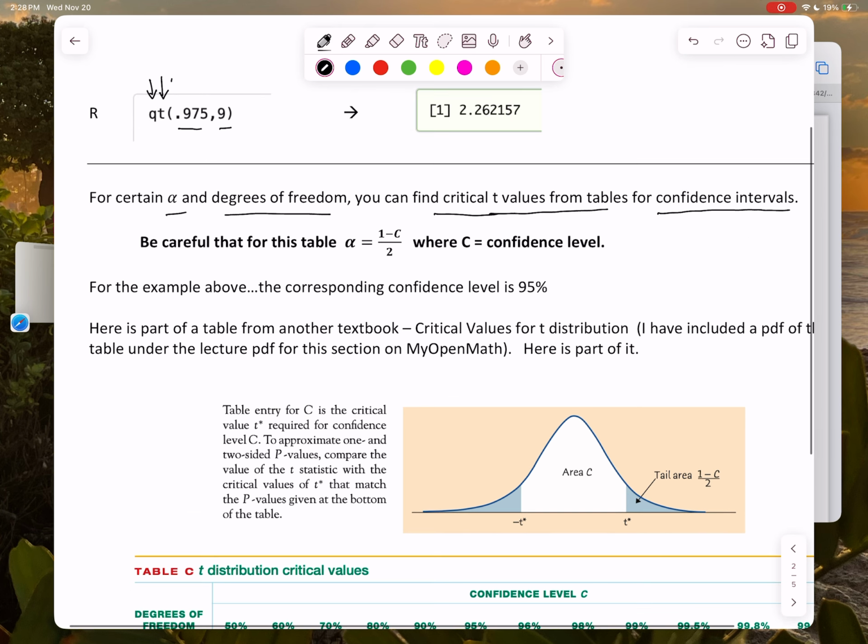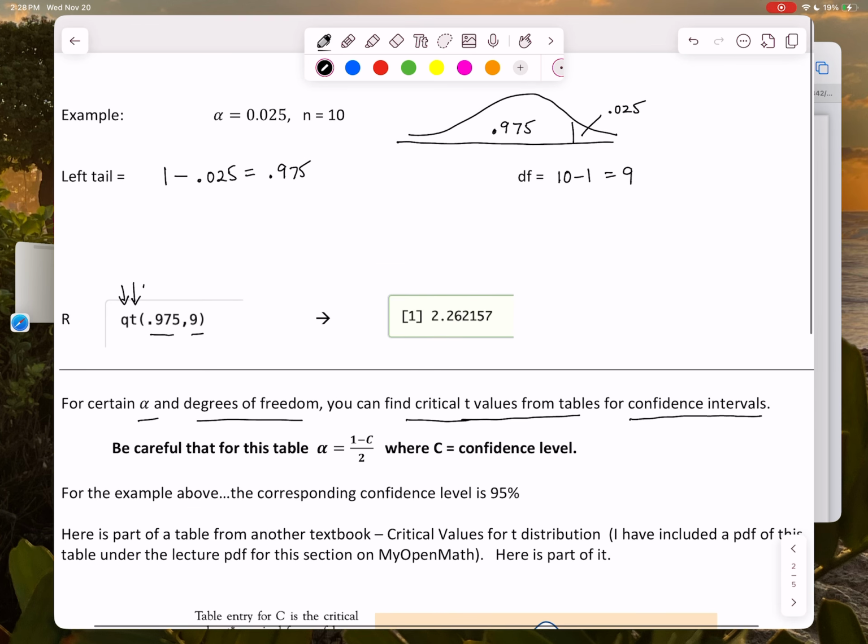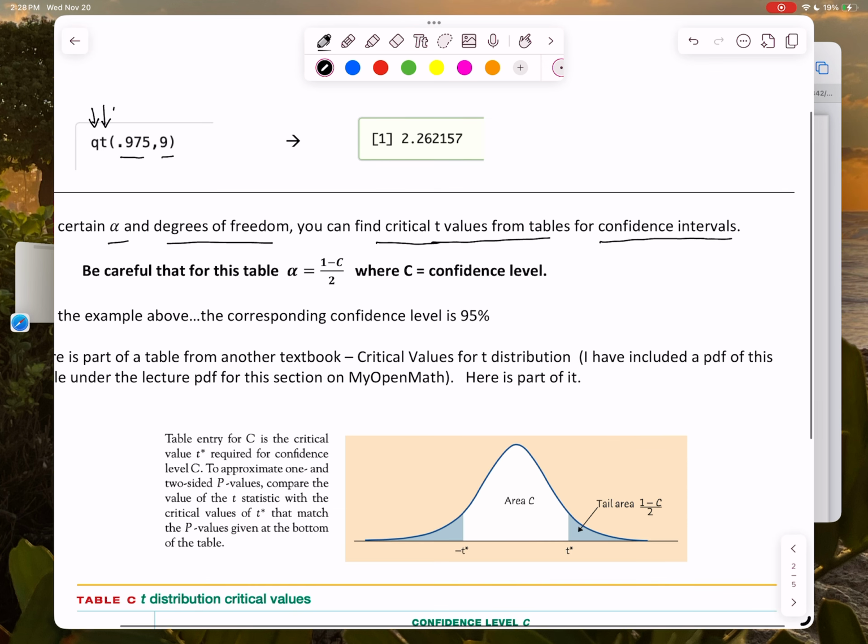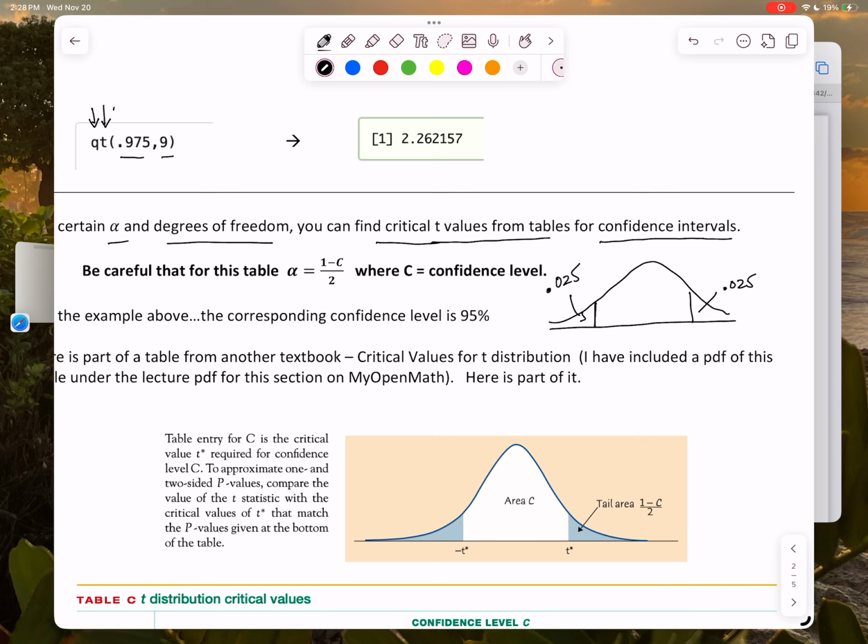So for the picture we had above, this was 0.025. Now remember, when we're doing confidence intervals, we want that same area on both sides. So this side would be 0.025, and together that adds up to 5%. So this middle is 95%.